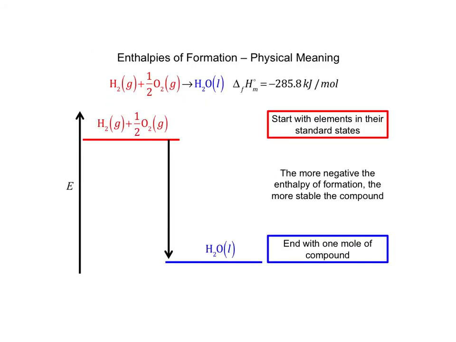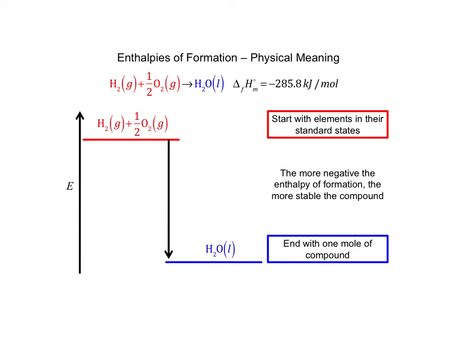Okay, so what do we mean by the enthalpy of formation? The enthalpy of formation is really looking at the energy of the elements in their standard state, so the purest form. And we are looking at how much energy is involved when these elements combine and form a compound.